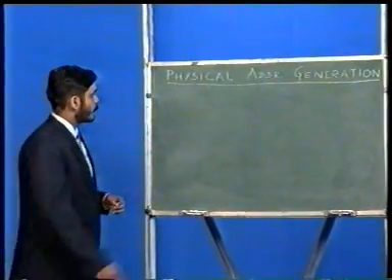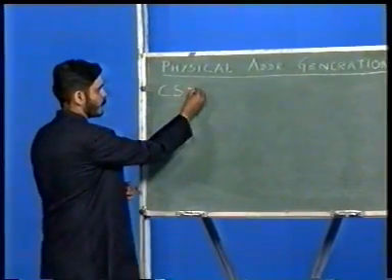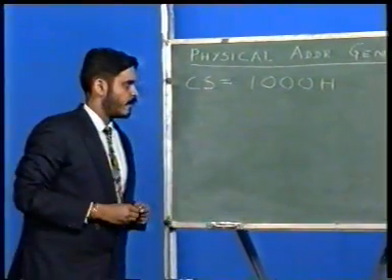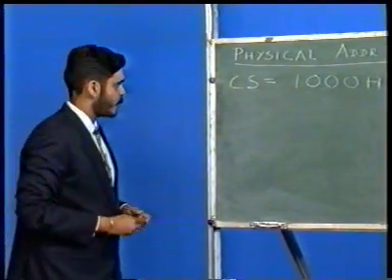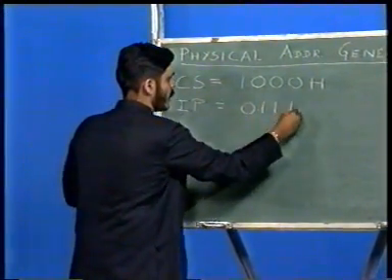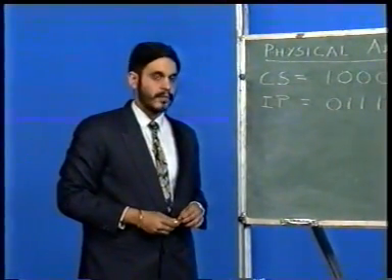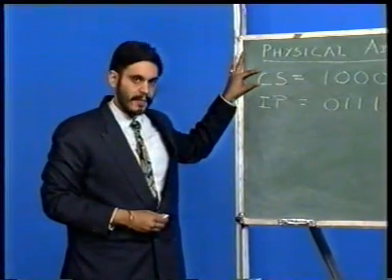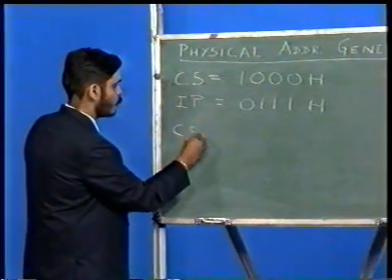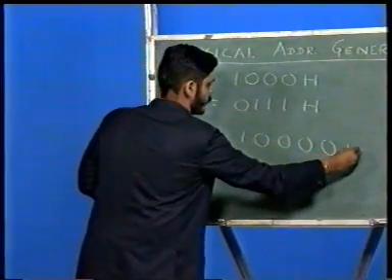Let us consider the segment address to be in the code segment register CS with the contents 1000H. Further, let the offset be in the instruction pointer IP having a value 0111H. The first step in physical address generation is to multiply the contents of the segment register by 10H. This gives us CS equal to 10000H.